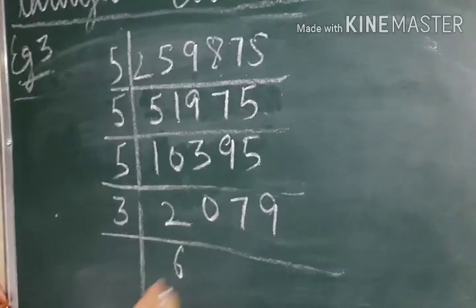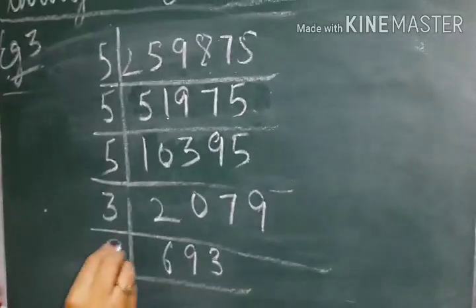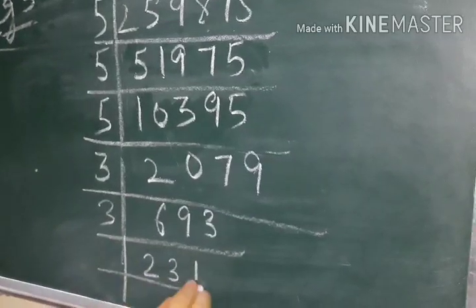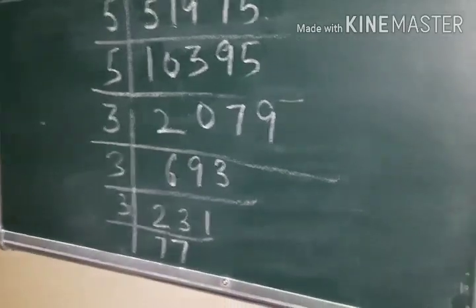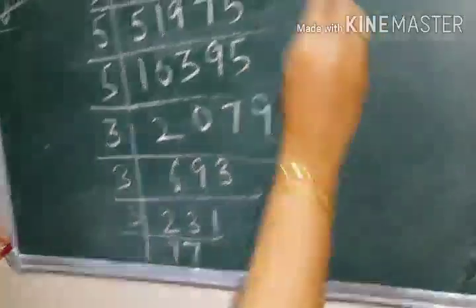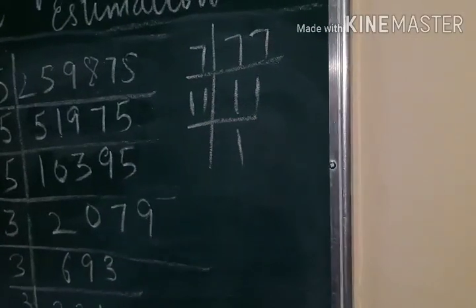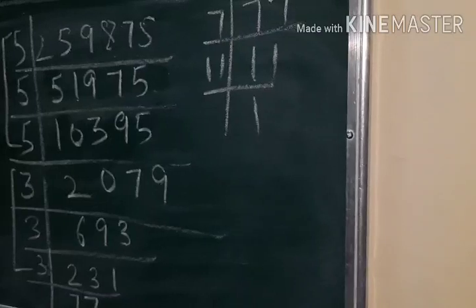3 6s are 18, 27, 3 9s are 27, and 3. Again by 3, 3 2s are, 3 3s are, 3 1s are. Again by 3, 3 7s are, and again 7s are. Right? Now 77, we go by 7 like this. So when you make the groups, one group, another group.